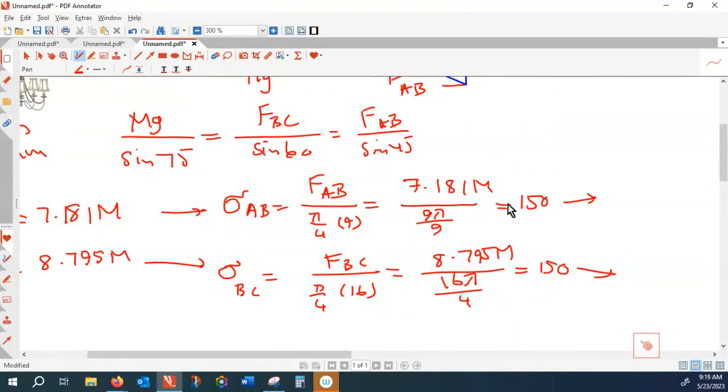So they are not the same. So I have to keep the lower mass. That is more conservative, right? So from first calculation, according to AB, the mass is calculated to be 146, sorry, 147.64.